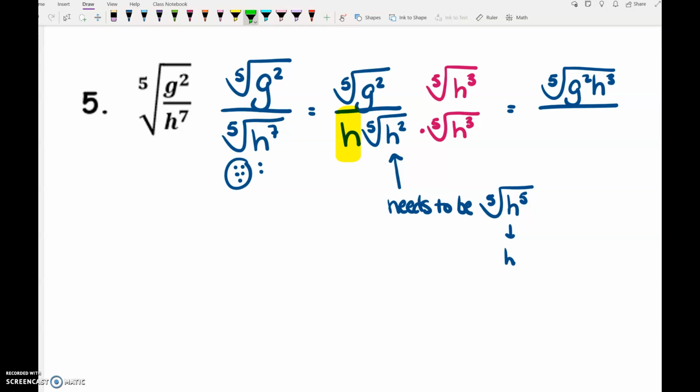And now we have this full group of 5, which is going to become its own h. So we have the original h and the new h, so we have h squared on the bottom. A lot of people forget about the original h that we simplified originally.